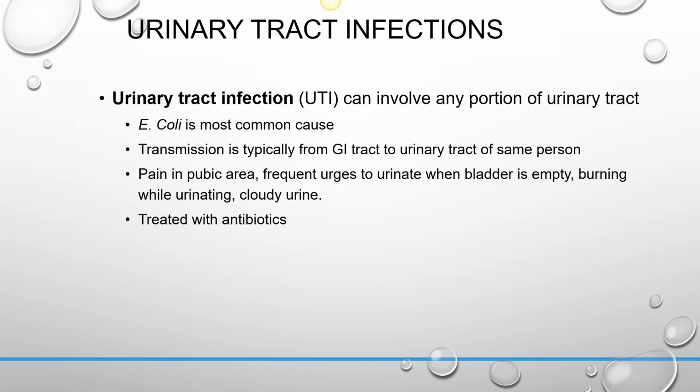Children and elderly patients are also more likely to get infected with UTIs. If you've ever noticed that an elderly patient that you're working with or treating all of a sudden has dementia-like symptoms where they're forgetting things and getting confused and possibly have a fever, they may have a UTI.